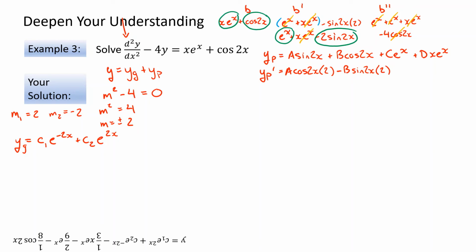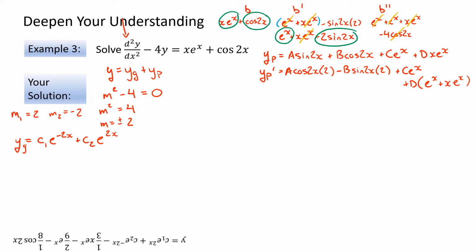The third term remains as c times e to the x, okay, because derivative of e to the x is just e to the x. And the fourth term becomes d times, remember, the derivative of x times e to the x, which we solved up above here, is e to the x plus x e to the x. Okay, so I won't do that one again.